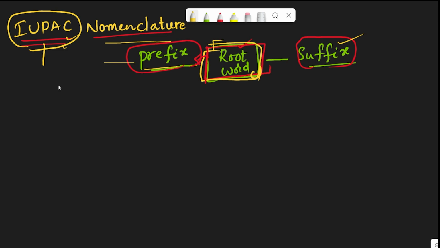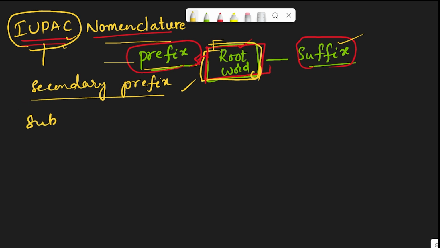So now, the secondary prefix. The secondary prefix indicates the substituents, nothing but that. The given compound may contain substituents, then you have to mention the substituents as the secondary prefix.